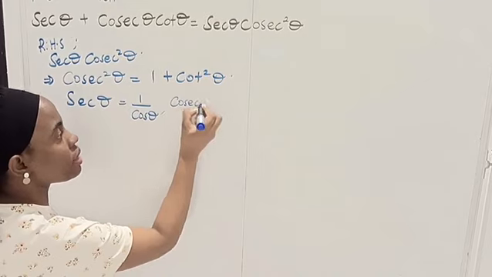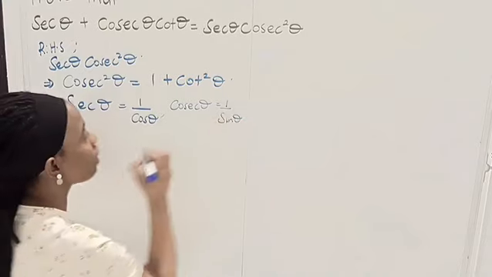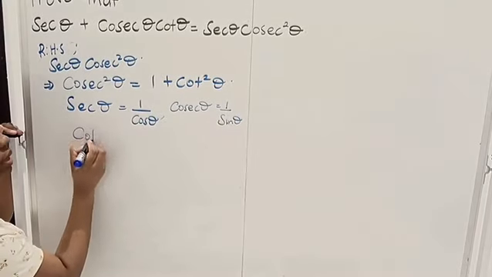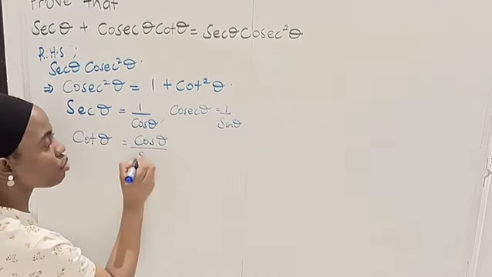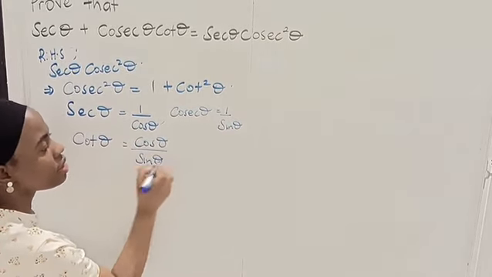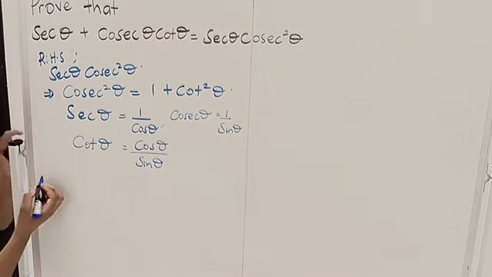Cosec theta is equal to 1 out of sine theta. Also, cot theta is equal to cos theta out of sine theta. So this is what I'm going to use. Let us bring this.